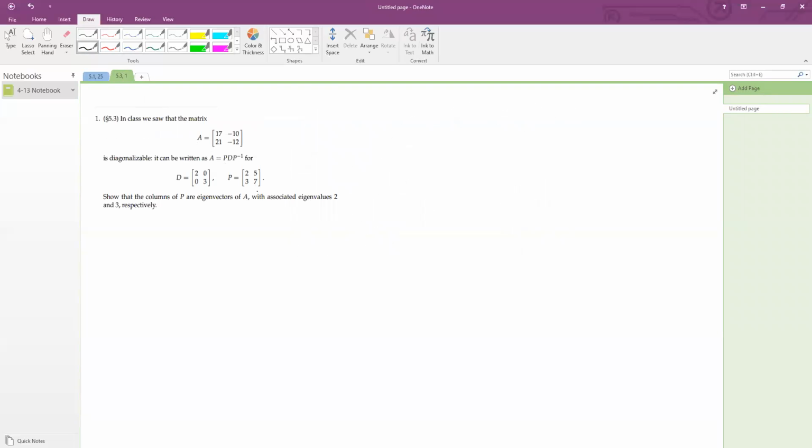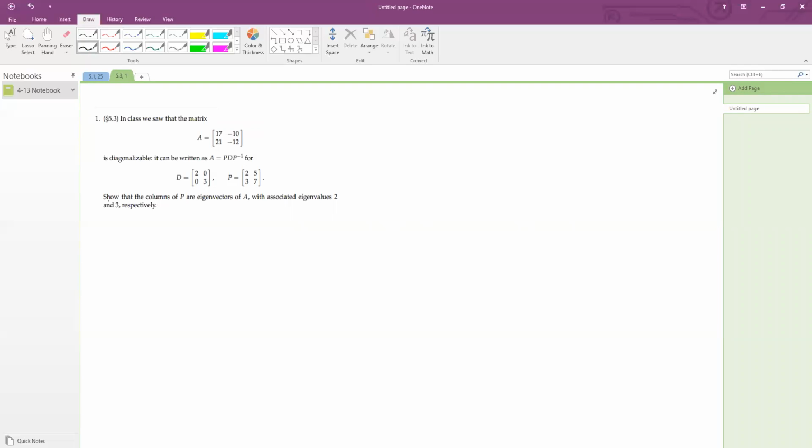For the next one, 5.3, this one is coming off of the assignment sheet. We have a matrix here, A, and in class on Thursday, you saw that it was diagonalizable, which means you can write it using these matrices D and P, D being a diagonal matrix that has zeros in the off-diagonal locations, and P being an invertible matrix.